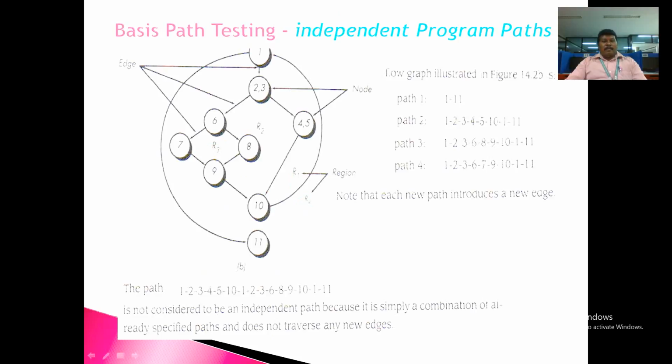So the cyclomatic complexity of this graph is 4. The second one is the number of edges minus the number of nodes. In this diagram we have 9 nodes and 11 edges. So 11 minus 9 plus 2 equals 4. So 4 independent paths.